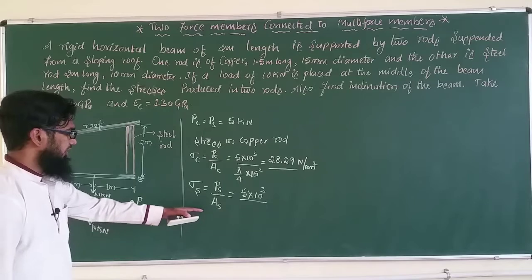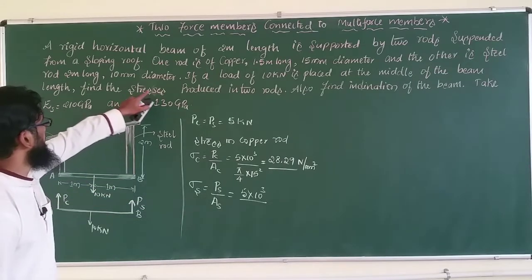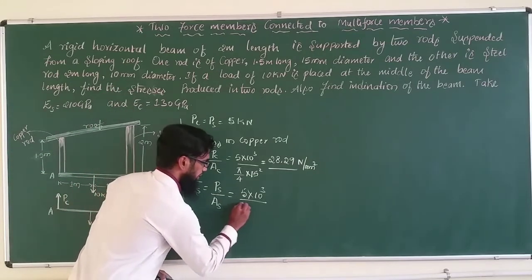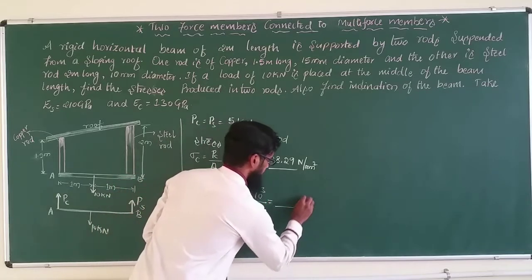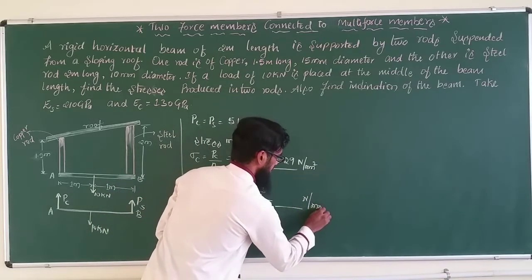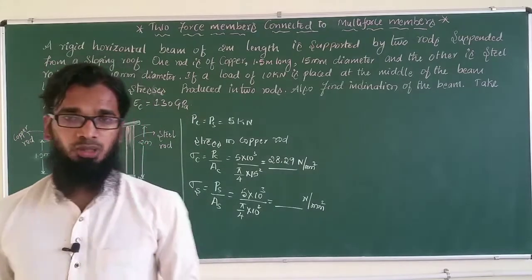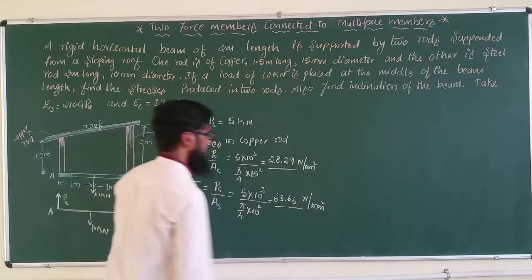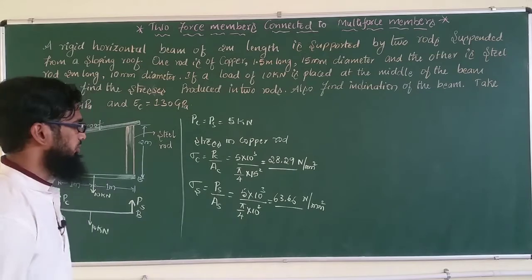Now the area of the steel rod: the diameter given is 10 mm, so it's pi by 4 into 10 square. If I simplify this, I get a value of 63.66 Newton per mm square, or I can take megapascal.